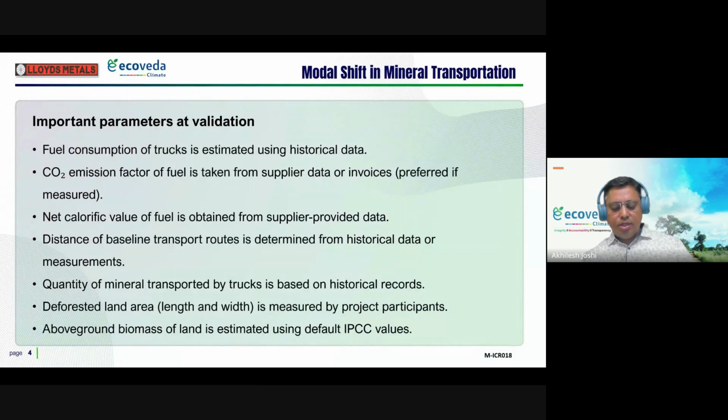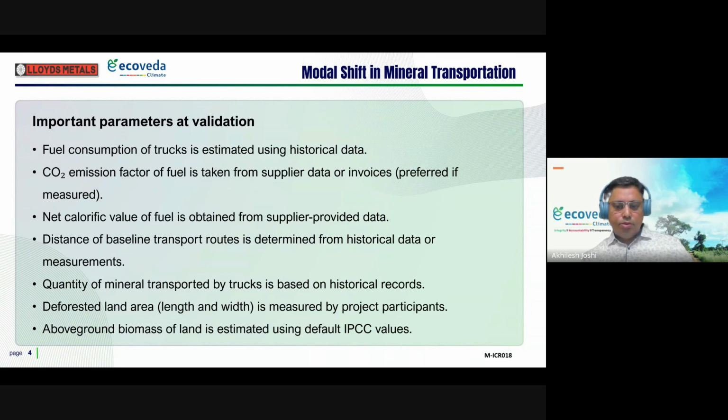So here we have considered petrol and diesel for the project activity which we are planning, which will be the first project activity under this methodology. We have already done the study, and we have seen that this is the only fuel available right now. No other types of vehicles or fuel types are available for transportation of minerals through road.